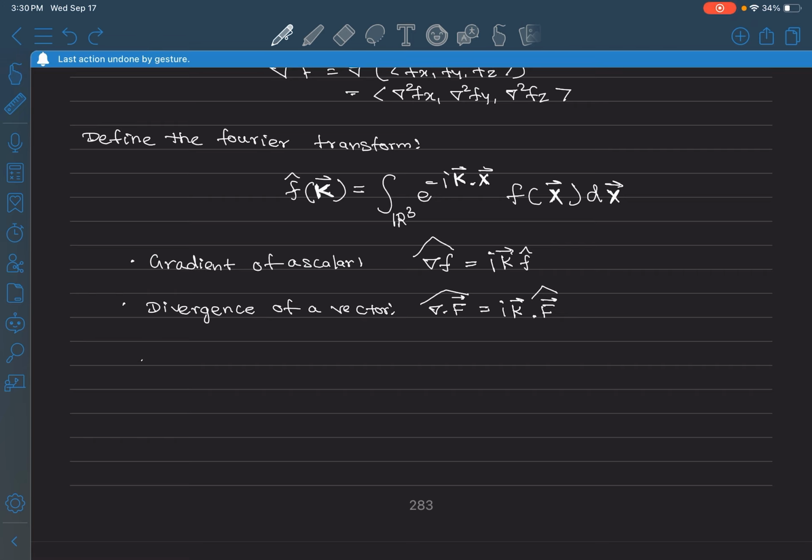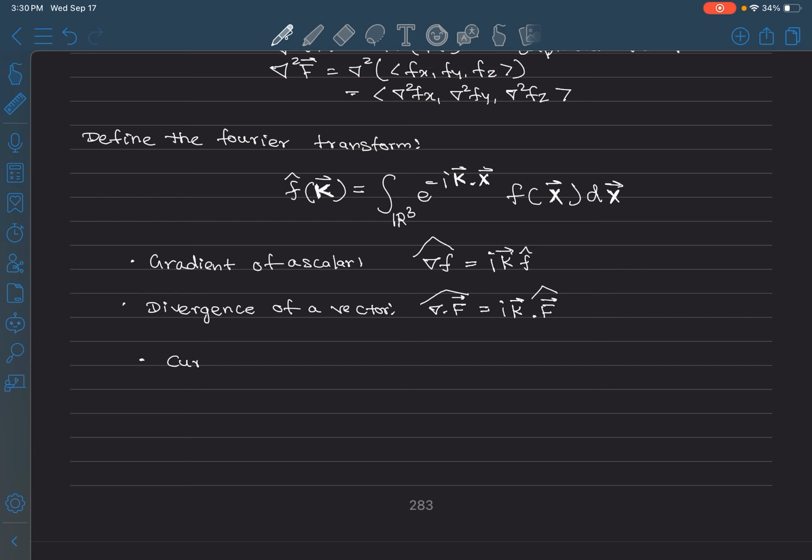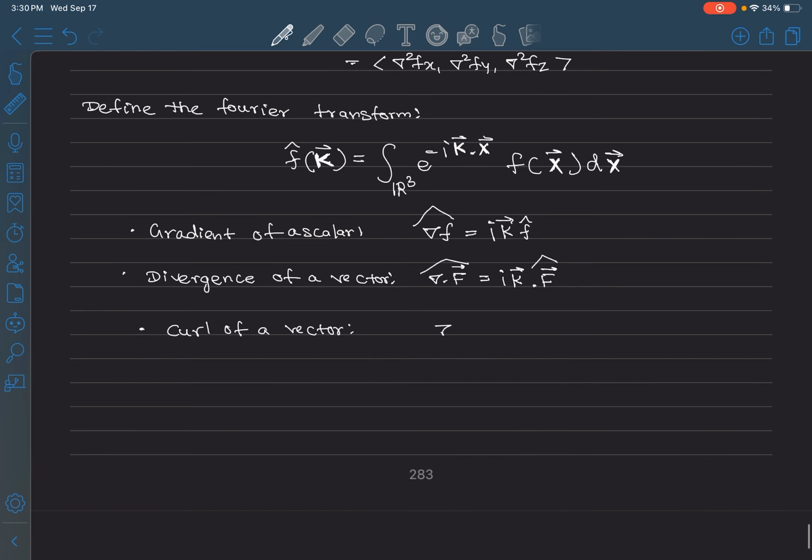Now similarly, another formula for the curl of a vector. The nabla cross f, its Fourier transform will just be i times the k vector cross the f vector.